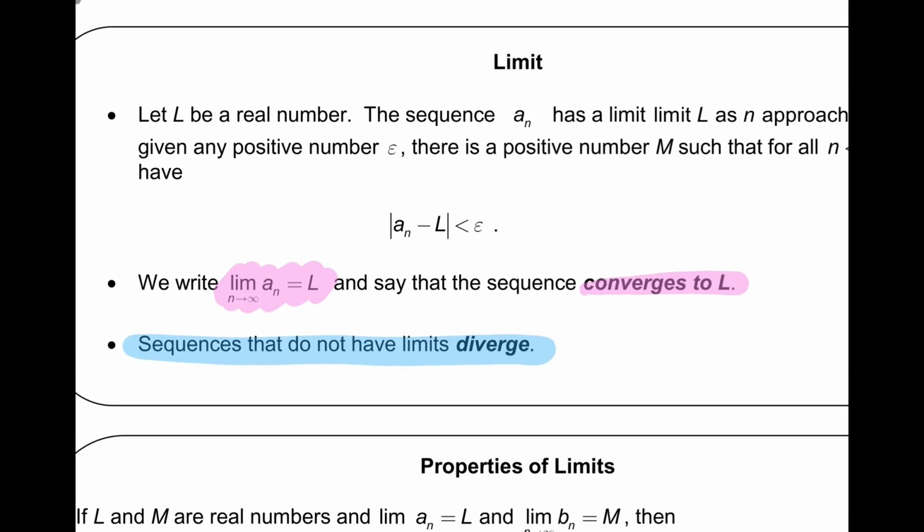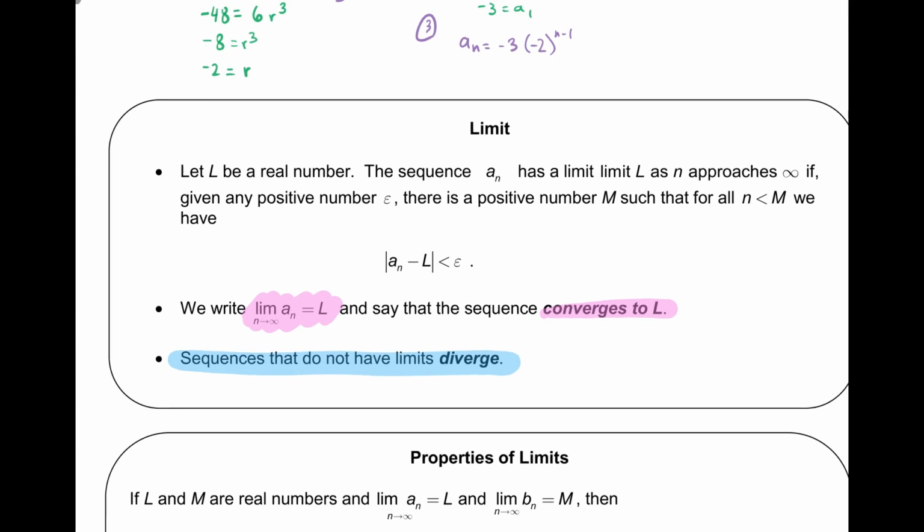So you could see that the first one was converging to a limit. We got closer and closer to 3. So that sequence definitely has a limit as n approaches infinity. If given a positive number epsilon, a small positive number, there's a positive number m. So what's an epsilon? Is that a backwards e?